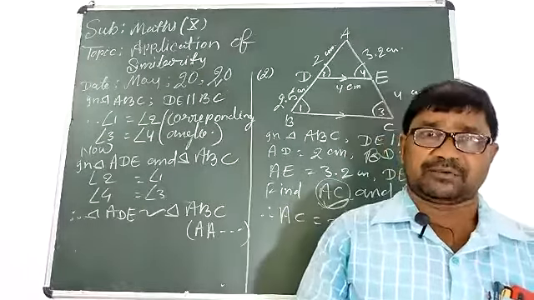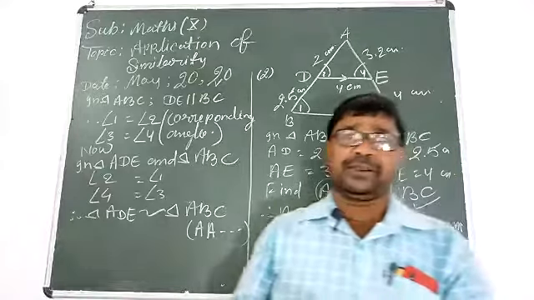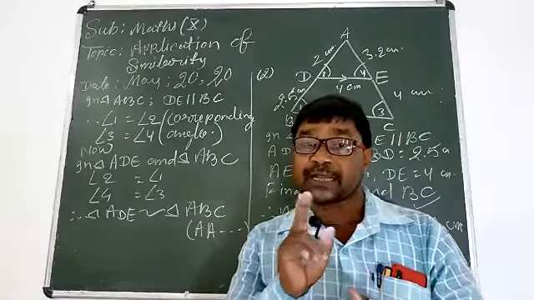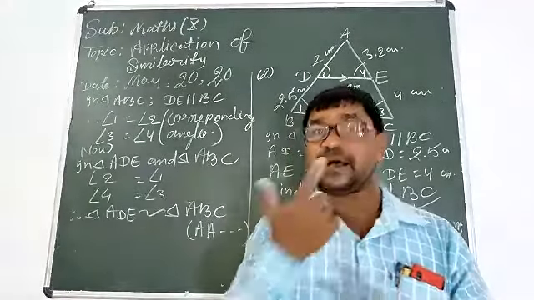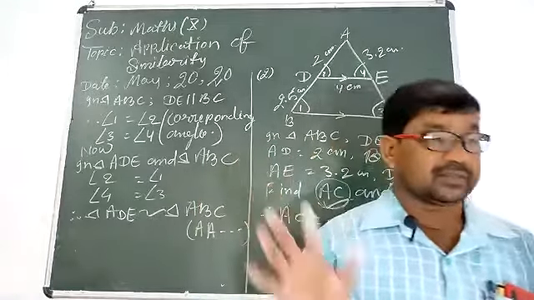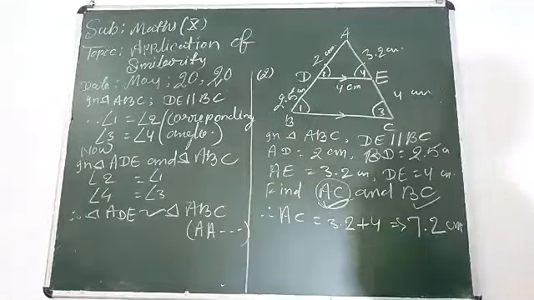When triangles are similar, their corresponding sides are proportional.